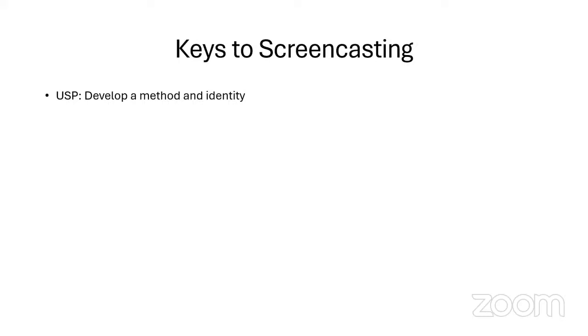For example, let's say that you create courses and you do over the shoulder screencast videos. Maybe you will approach that course so that you always approach the left side menu first. And you always start with your mouse pointer at the top and you go down to the bottom. That just becomes a signature way in which you do screen share videos.